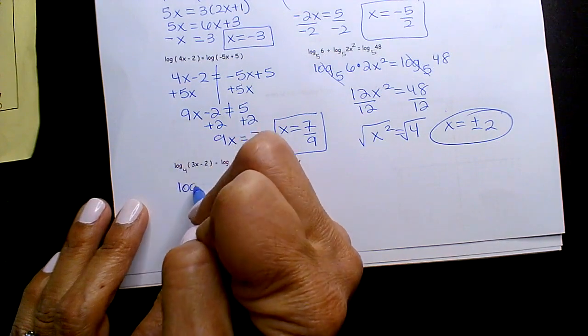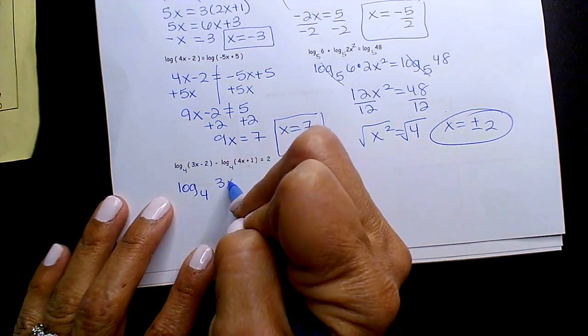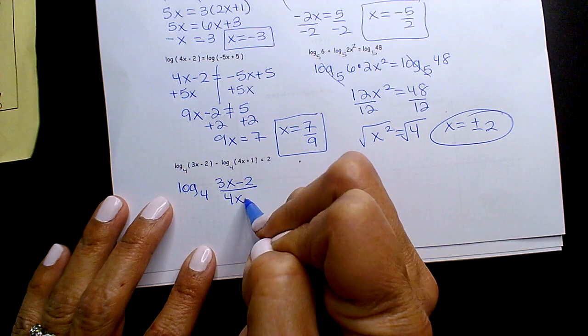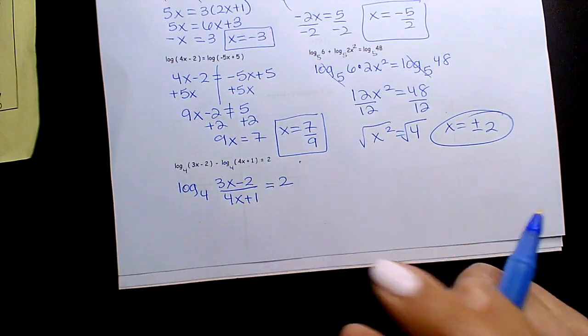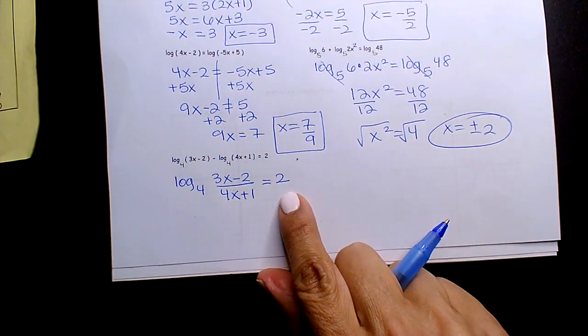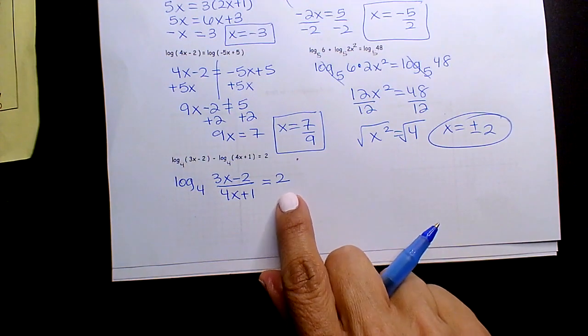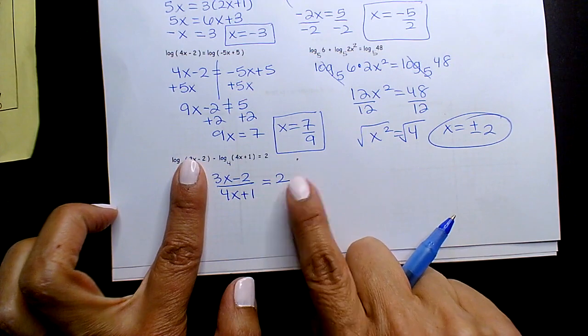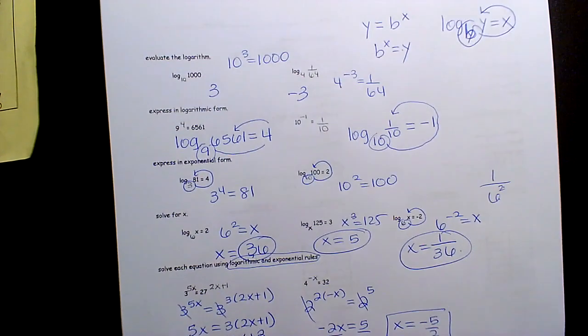Okay, log base 4. And by the way, you guys did this one really, really well. A lot of you were able to get it. Okay, you got this. Do you guys see a log on the right side? No. So you couldn't just make it this. What do you have to do?